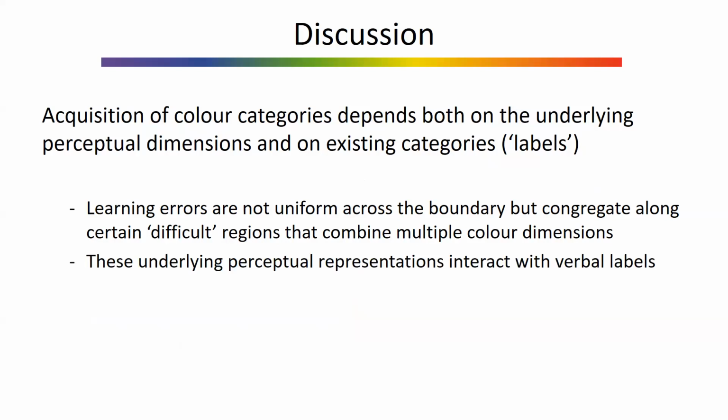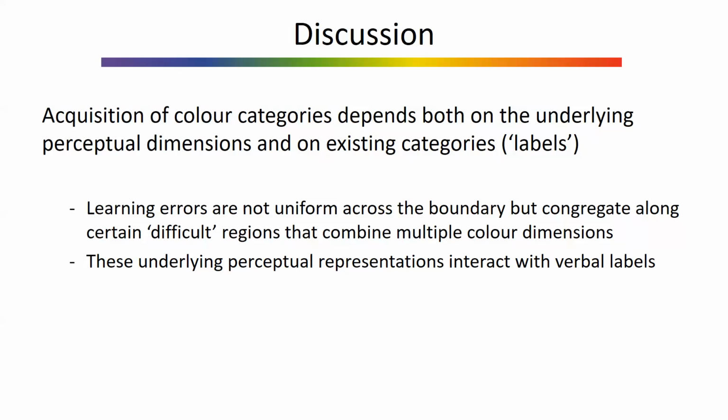And these underlying perceptual representations are probably interacting with verbal labels. You might think about the Bezold-Brücke effect, where lighter colors have more emphasis on their blueness compared to darker colors, which have more emphasis on their greenness.